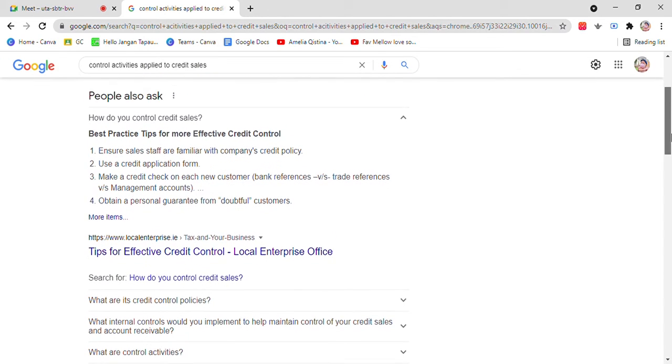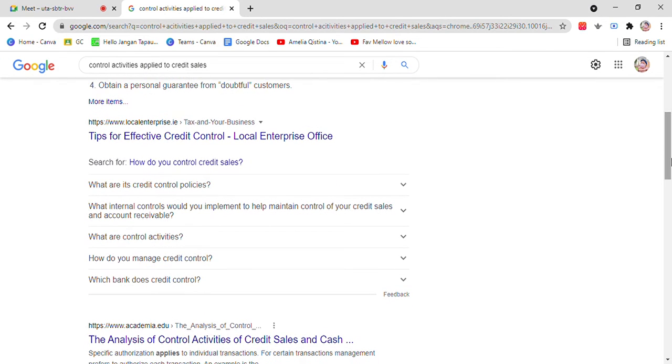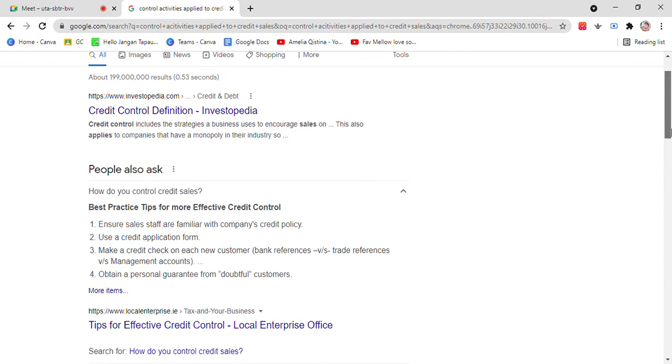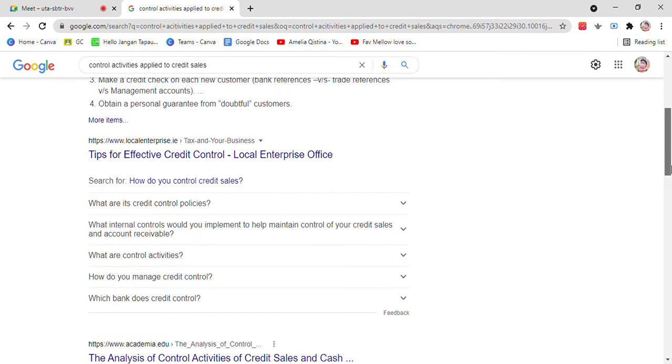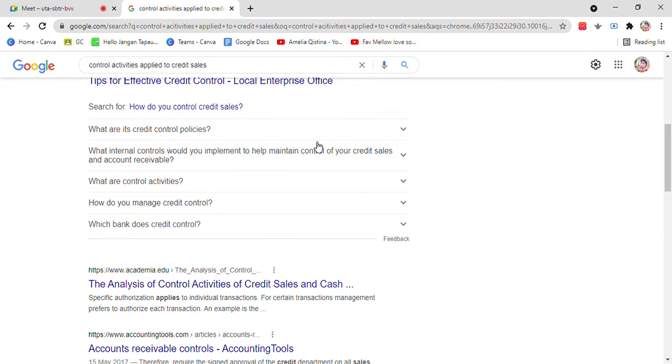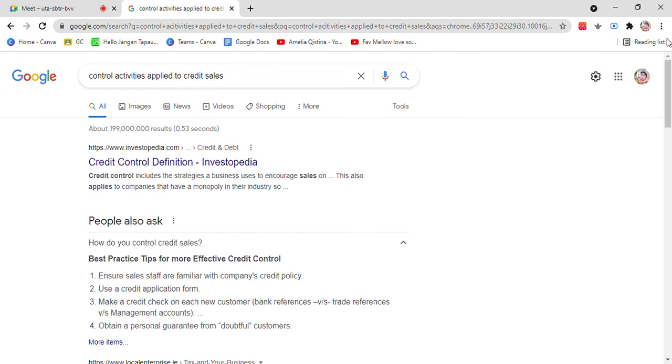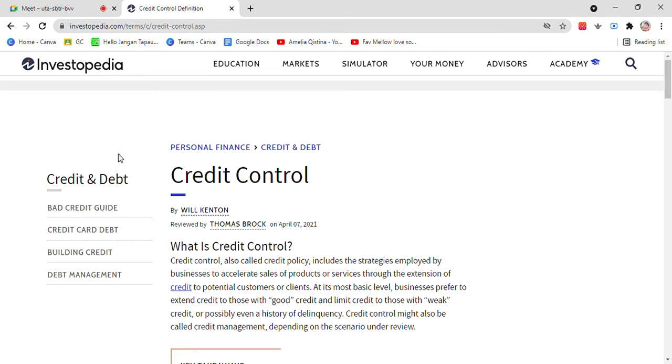Control activities. Since the account receivable is related with the credit sales, only the customer who is allowed can be given credit by the company.